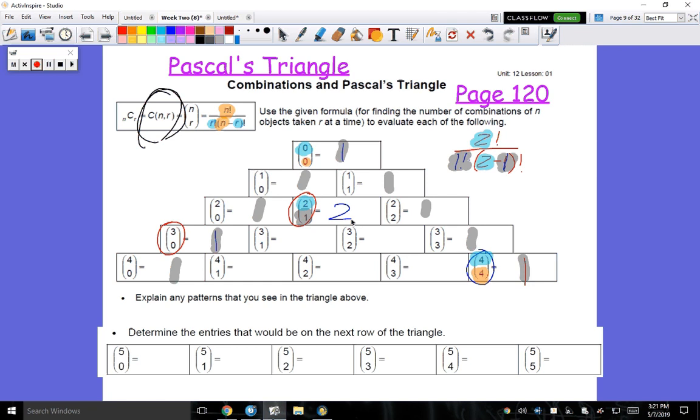Okay? So all of these are 1s, the outside. Okay? Then if I add these 2 numbers, I get 2. If I add these 2 numbers, I get 3. If I add these 2 numbers, I get 4, 6, and 4.